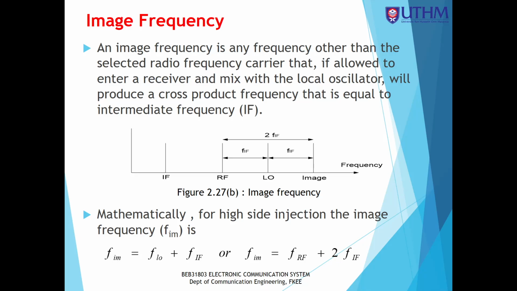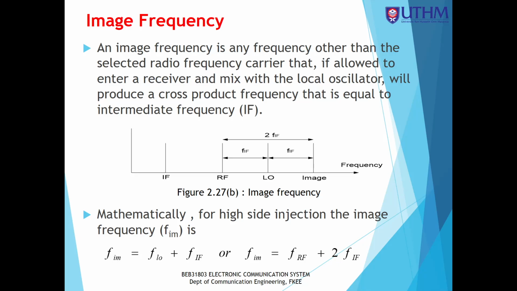Image frequency. Image frequency is any frequency other than the selected radio frequency carrier, which if allowed to enter the receiver and mix with the local oscillator, will produce a cross product frequency that is equal to the intermediate frequency.